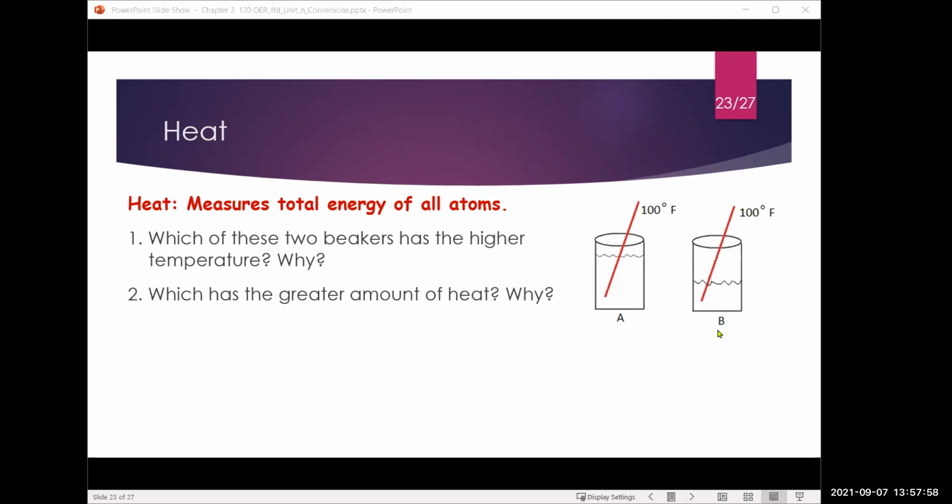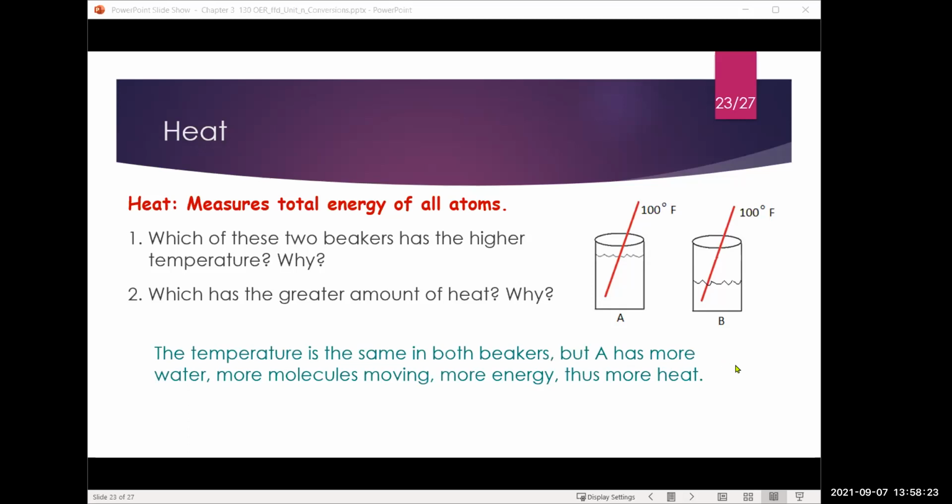I would pick B here, the smaller pot, because even though they're both heated to the same temperature, there's less mass in the smaller cup. So there's less energy. Yes, it would burn me, but it wouldn't have that big an effect, a smaller amount of material.